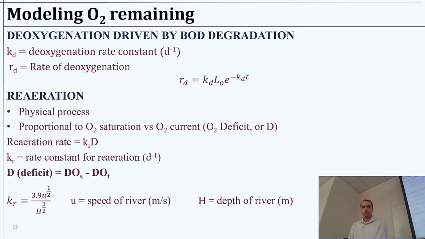All right, so how do we put it all together then? And what do we do about reaeration? Essentially, we can describe that oxygen demand in terms of a deoxygenation rate constant. So KD here is going to be essentially accounting for that oxygen demand.